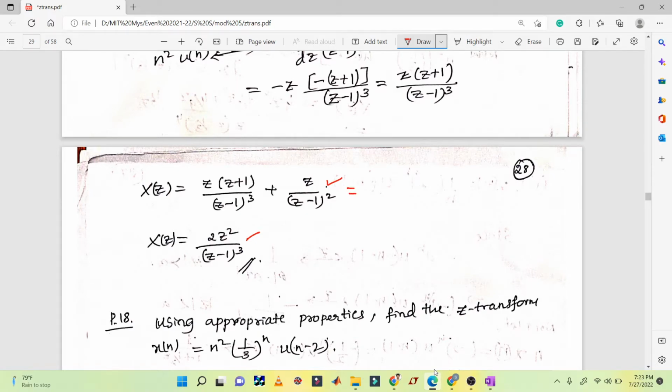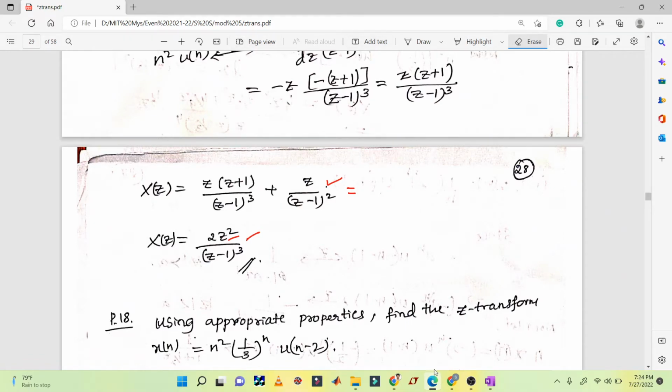It is simple: if you cross multiply and then solve, you will get this 2z square, because z minus 1 and z plus 1, we can convert this to z minus 1 into z minus 1. We can cross multiply and then simplify. We'll get this, not an issue, but it will take time definitely.